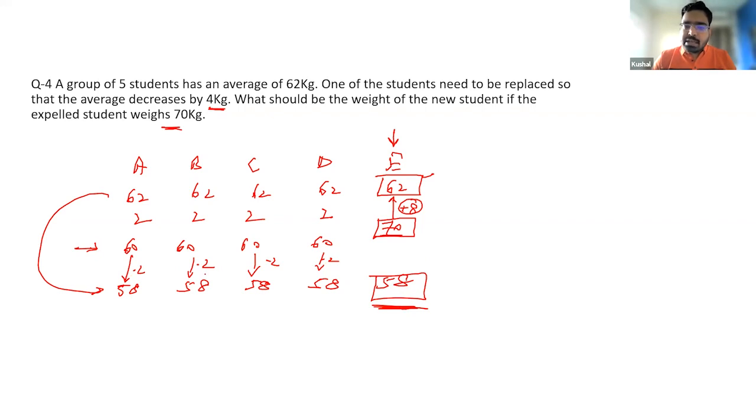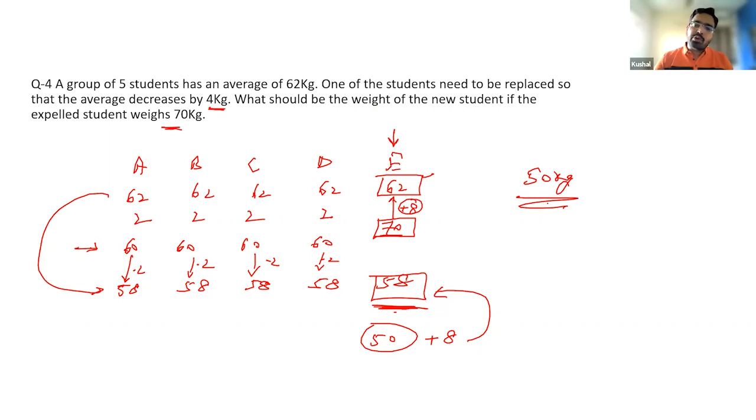That means this particular person is getting 8 kgs from all of them put together. So this person should be at 50 kgs, plus an 8 would then give me 58. So this new person who is replacing E is bringing in 50 kgs as the weight, right? Then only will the average come down from 62 to 58 when you replace a person of 70 kgs.